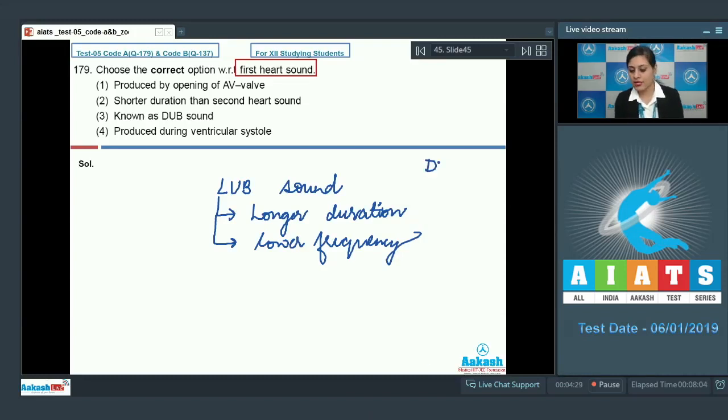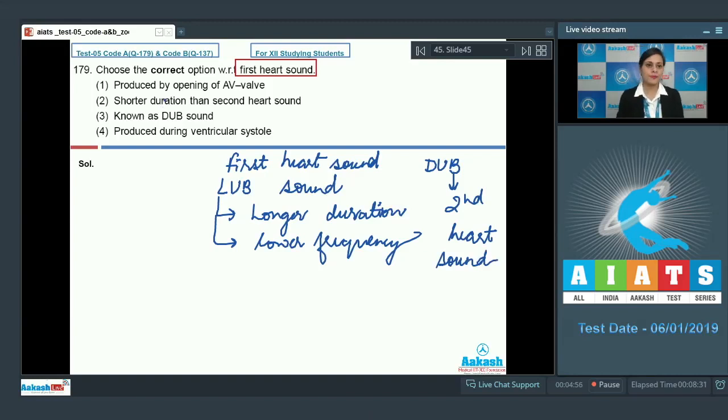Second heart sound is dub. This is first heart sound, and dub is second heart sound.